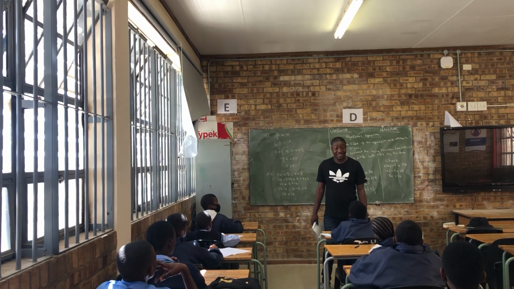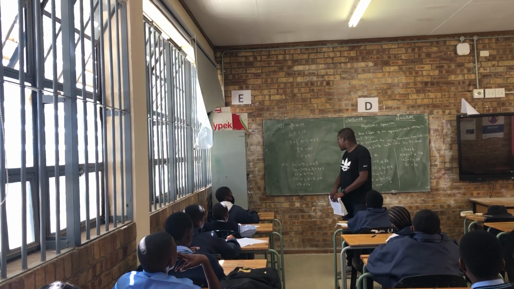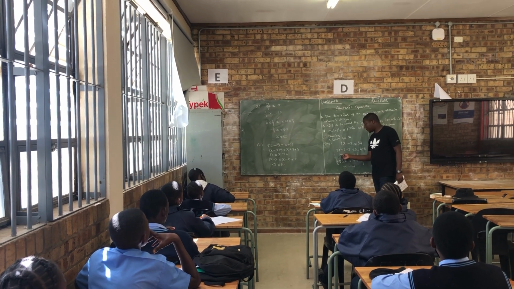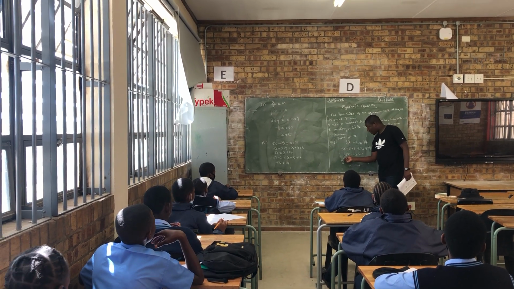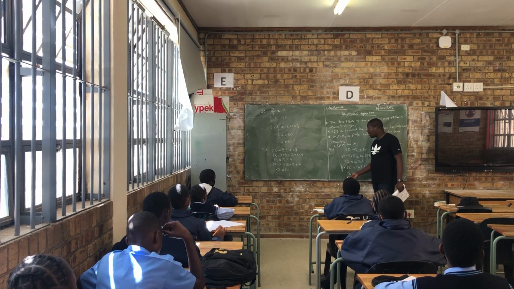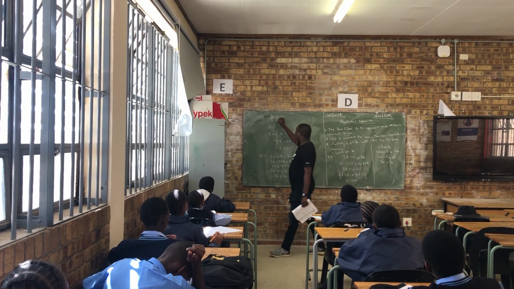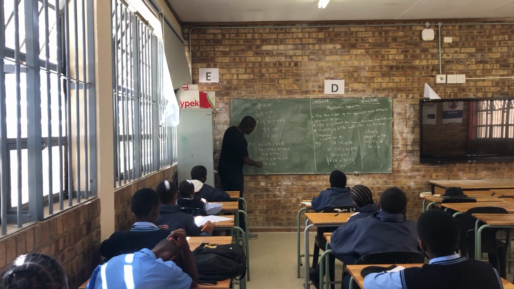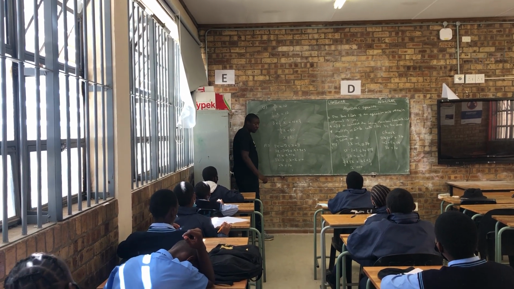I think we said 1 over. What was the multiplicative inverse of 3? 1 over 3. Yes. What was the multiplicative inverse of 1 over 3? What is the multiplicative inverse of 2?